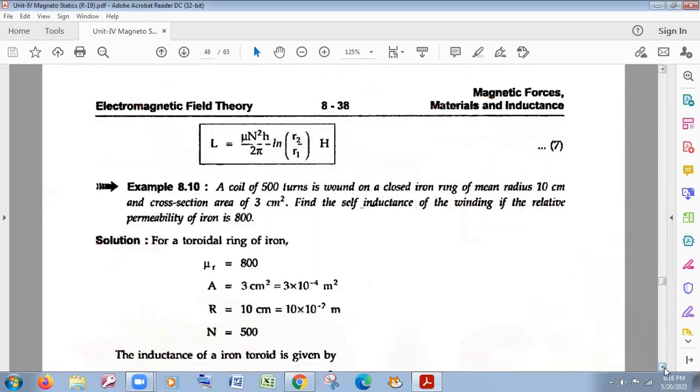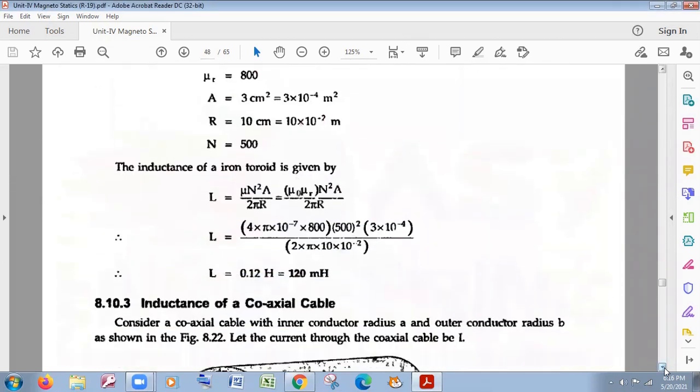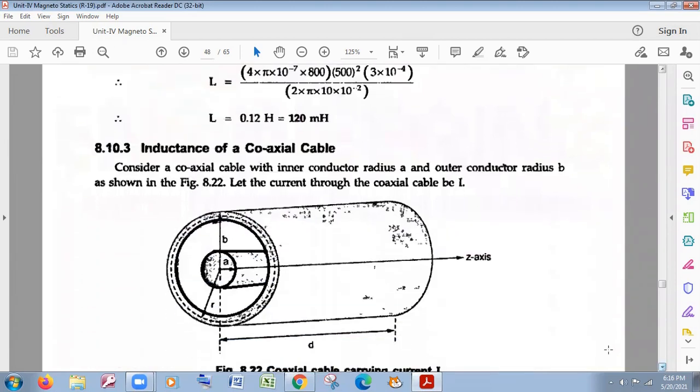Now, to find the inductance of a coaxial cable: the inner radius is a and the outer radius is b, the Gaussian surface has radius r, and the length of the coaxial cable is d. What is the inductance?